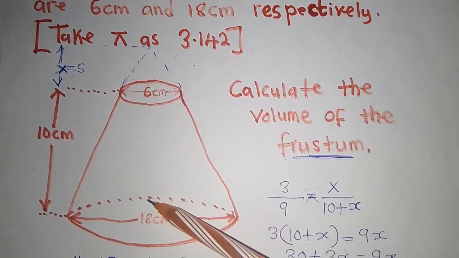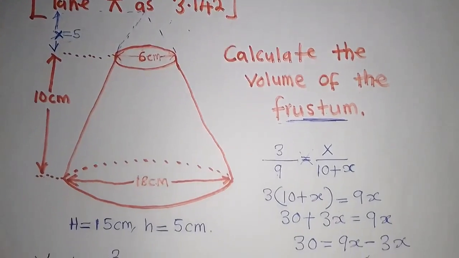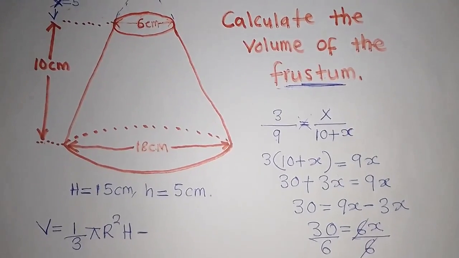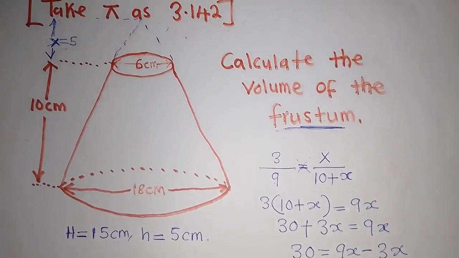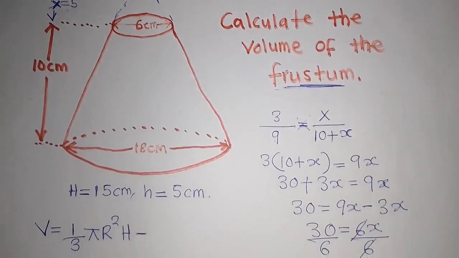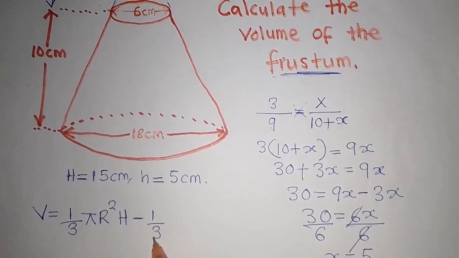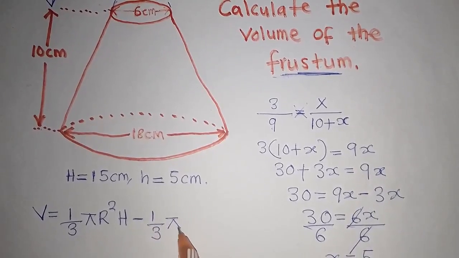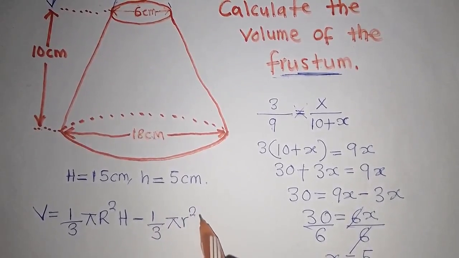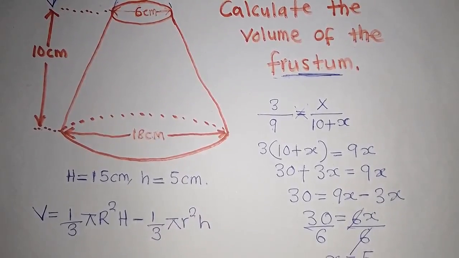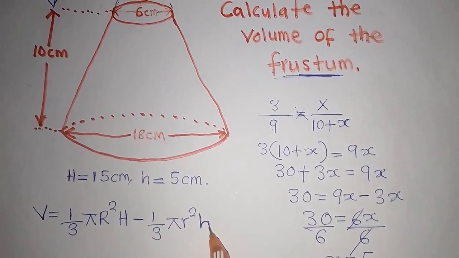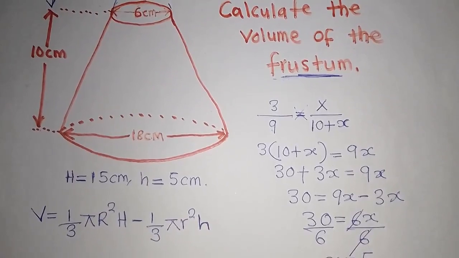This is what we get to do. So you say, okay, minus a smaller cone that is being formed on top there. So this is equal to 1 over 3 pi r squared h, small letter h like that. So this is the formula that we are going to use.